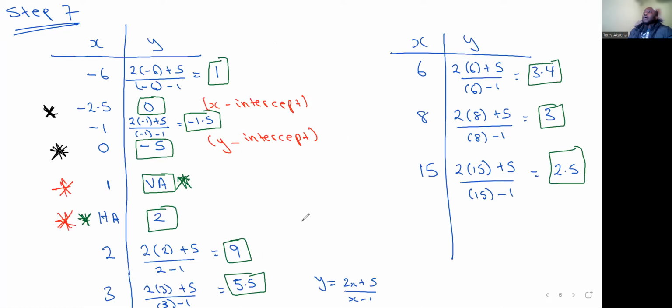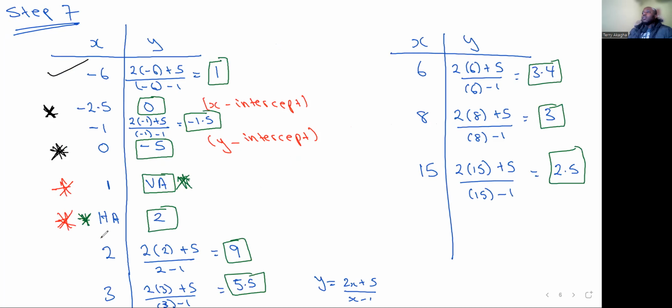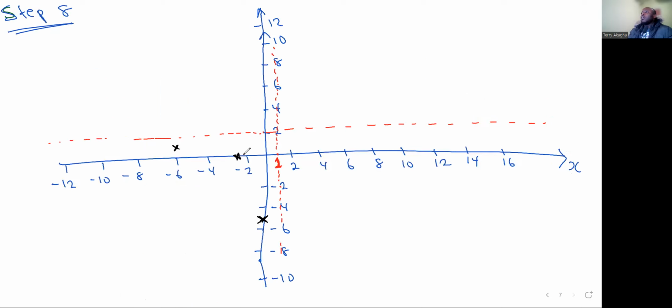We can go back and plot each of them now. The first one, -6 and 1, I've plotted already. The next one is, oh sorry, I think I've jumped one here: -1 and -1.5. So x is -1 and y is -1.5.